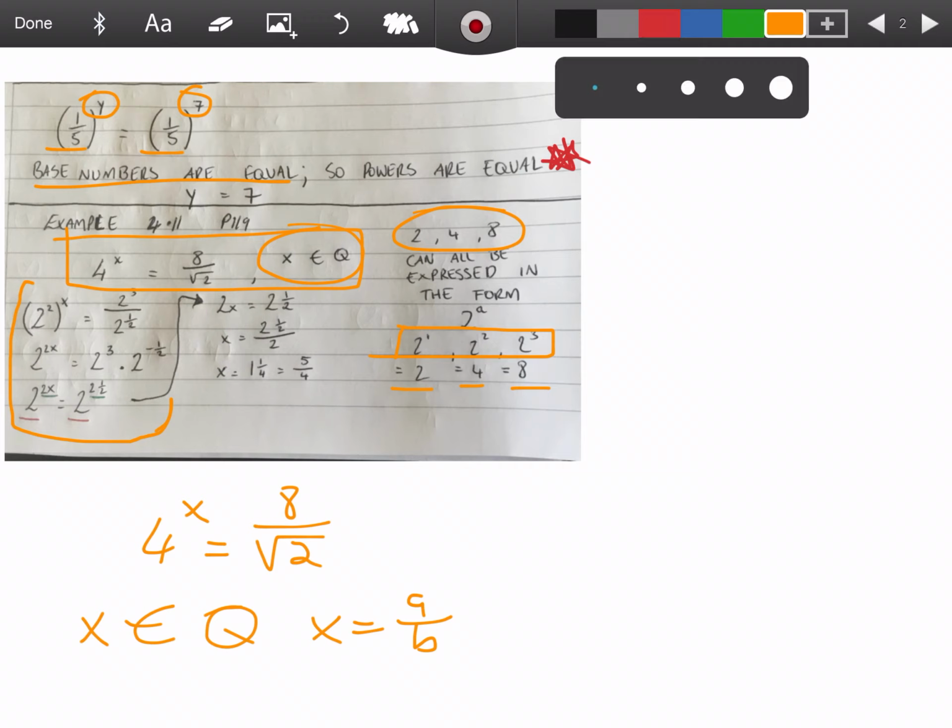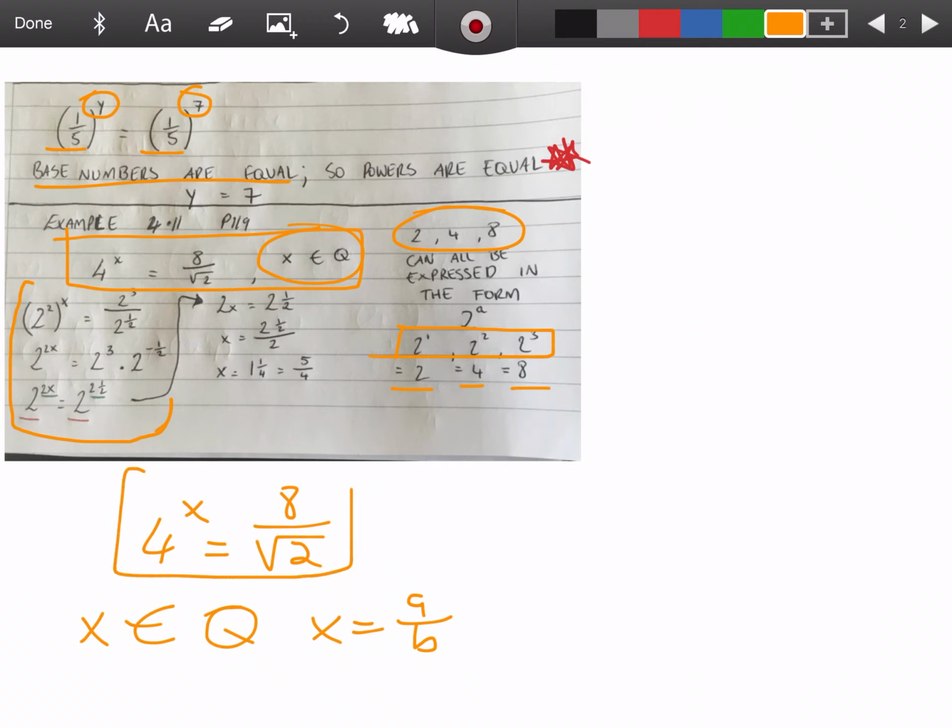So the question that's given to me, 4 to the power of x is equal to 8 over the square root of 2. The first thing I want to do is that I want to change all of that stuff so that they're all in terms of the base being 2.